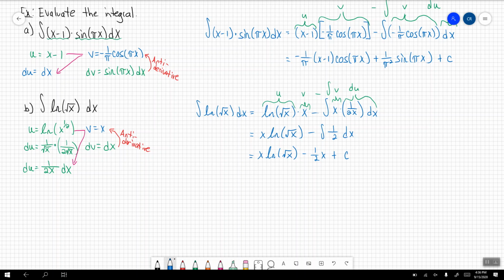All right. So now that we have this, let's go on to a different example. So let's go on to part C. Working with part C, I'm going to have the integral of e to the power of negative theta multiplied by cosine of 2 theta d theta.